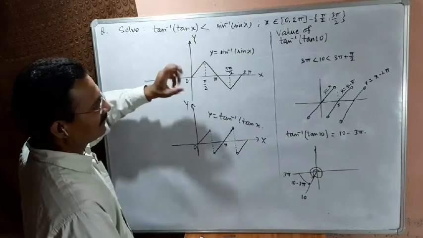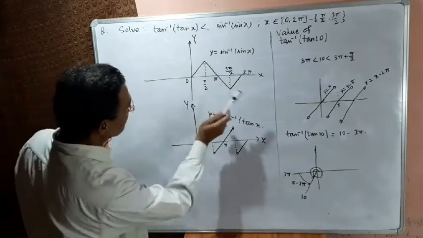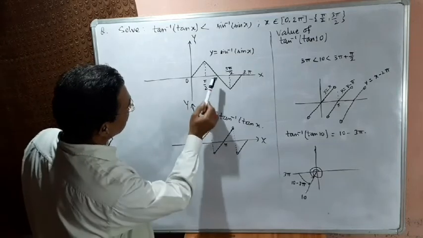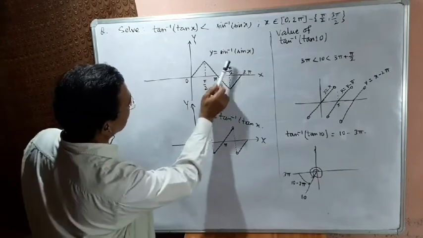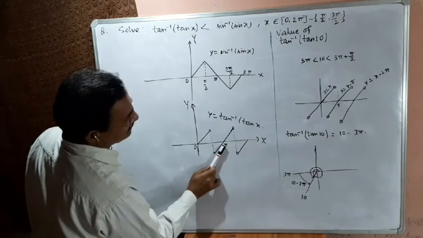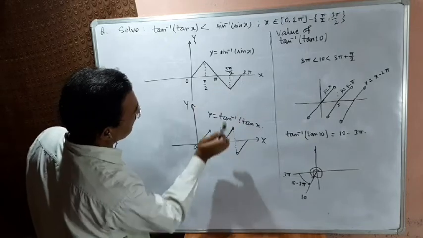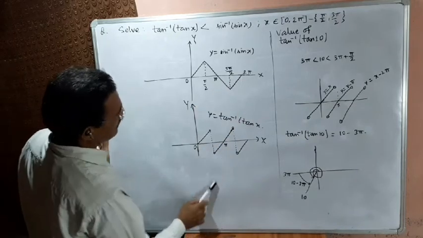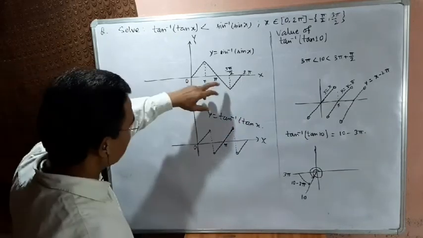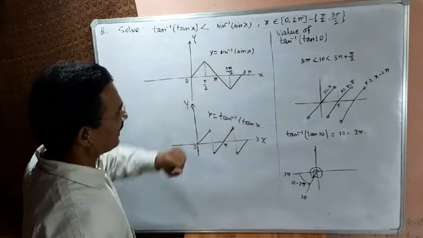Both are identical. After pi by 2, you may see the graph of this is above the x-axis and this one below the x-axis, up to pi. Therefore, in this region, tan inverse of tan x is smaller than sin inverse of sin x.